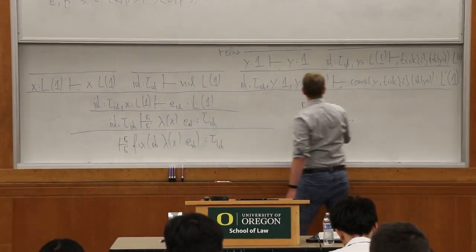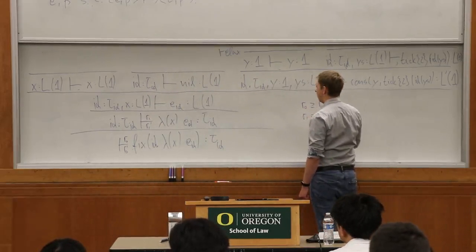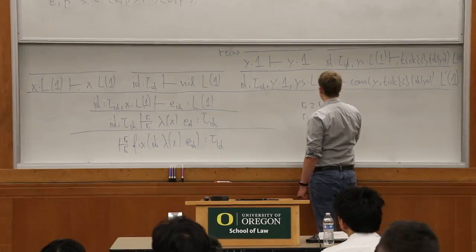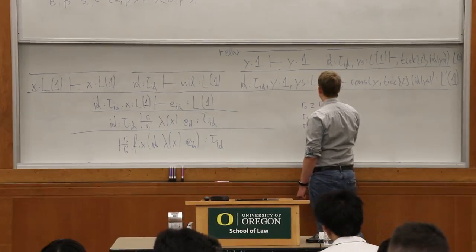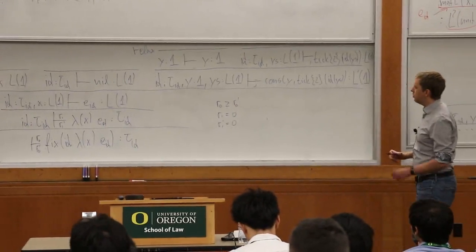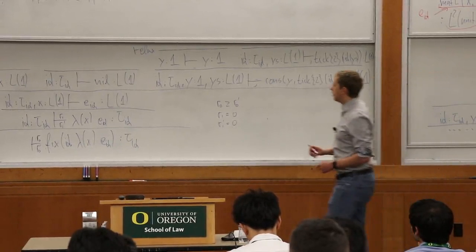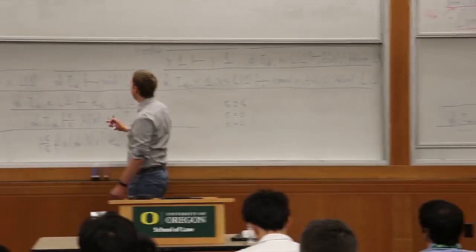Also because of the fixed point rule, you would there require that R1 is equal to 0 and R1 prime is also equal to 0, because you don't want to capture potential there. So the next thing you get is more interesting.